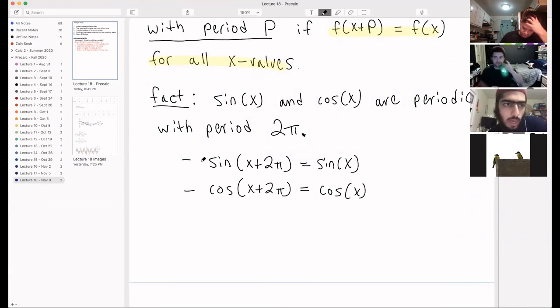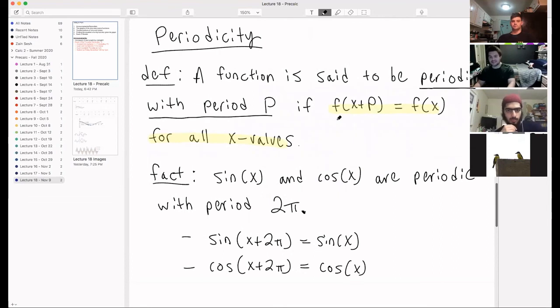When you say periodic, could you explain that part again? What exactly do you mean by periodic? Yeah, so periodic just means it satisfies this functional equation: f of x plus P, where P is some fixed number that is specified, is the same as just evaluating f at x itself.